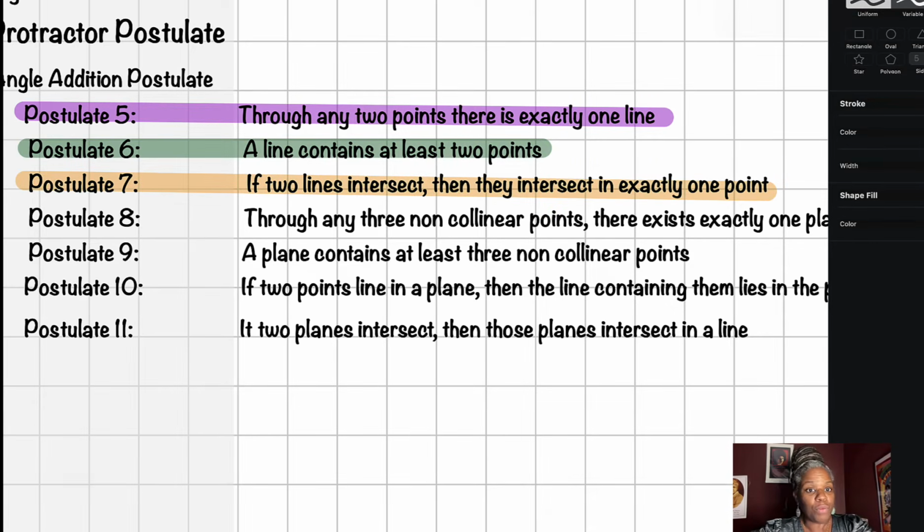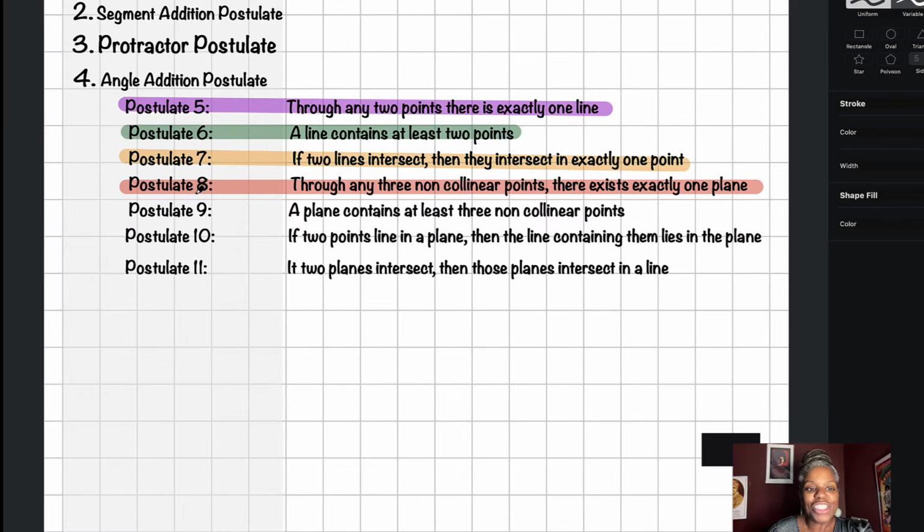Postulate number 7 reminds us that if two lines intersect, they're going to intersect in exactly 1 point. Postulate number 8 reads that through any 3 non-collinear points, there exists exactly one plane.